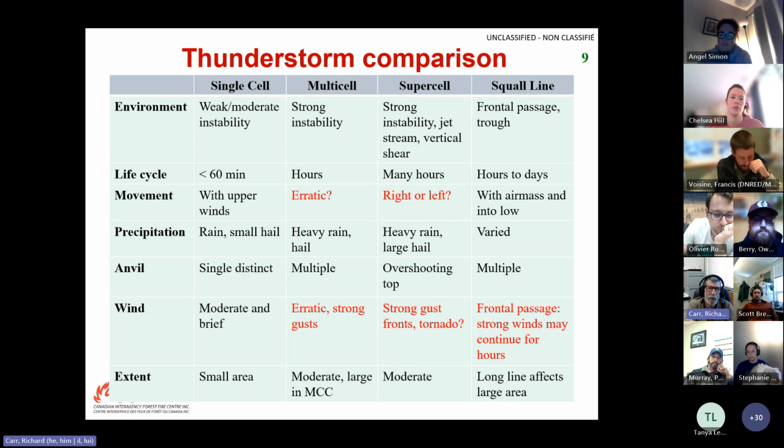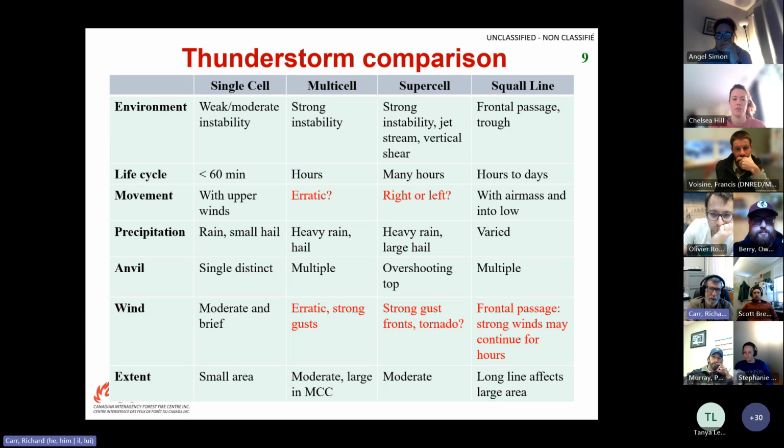So mostly thunder showers will tend to follow those upper winds once they get well developed. And the multicells may be erratic with a lot of kind of comings and goings of cells, some stronger, some weaker. Supercells can move right or left of the upper airflow, and they'll actually take a look at a radar image of a splitting thunderstorm, which is another trick they can pull on you.